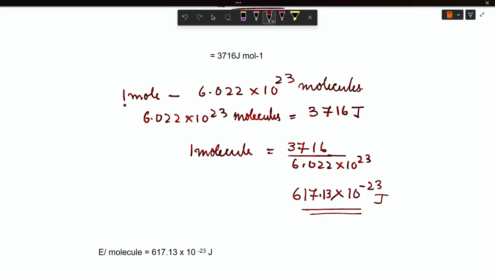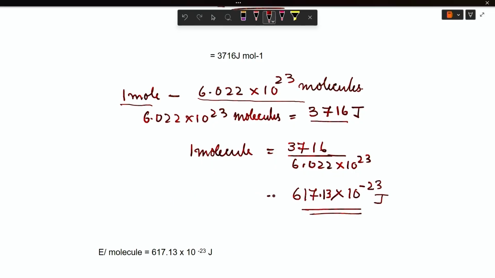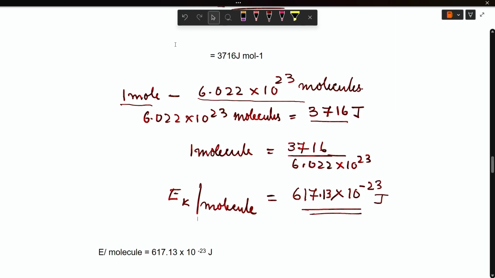Hope it is clear, because you should note that 1 mole contains 6.022 into 10 to the power 23 molecules, and therefore, this is the energy for 1 mole divided by 6.022 into 10 to the power 23, which will give you the kinetic energy for 1 molecule. That is, I can put it as E kinetic per molecule.